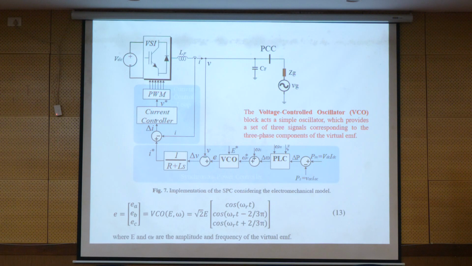But the advantage of this technology compared to the conventional synchronous generator is that we can provide better oscillation damping in comparison with the conventional synchronous generator, and damp the system when we have more oscillation.